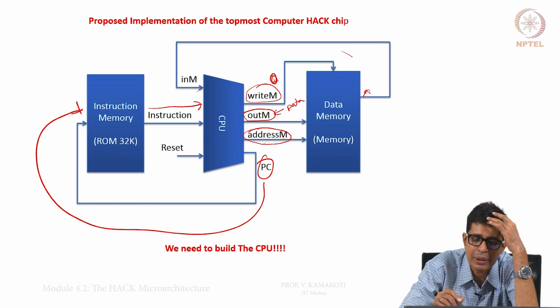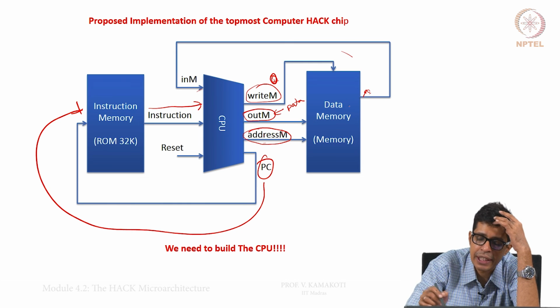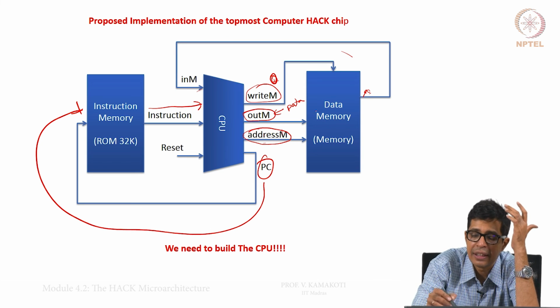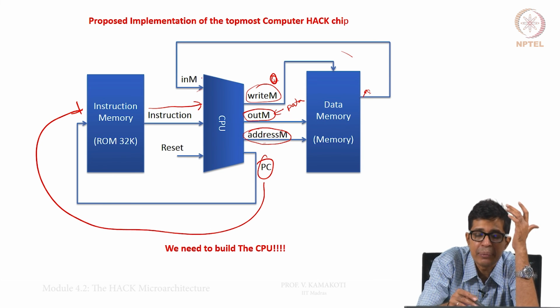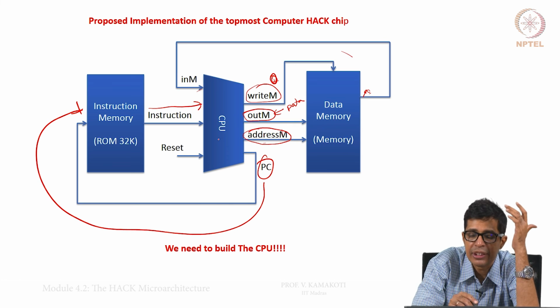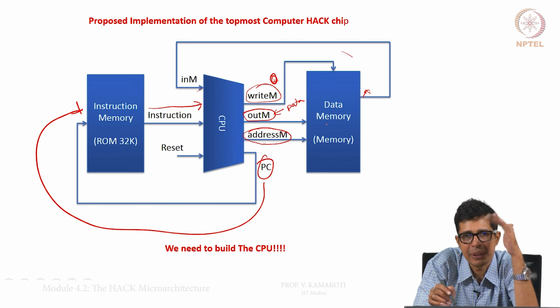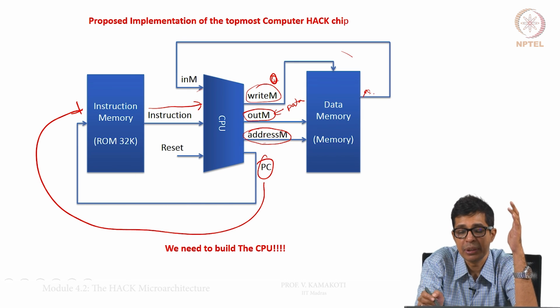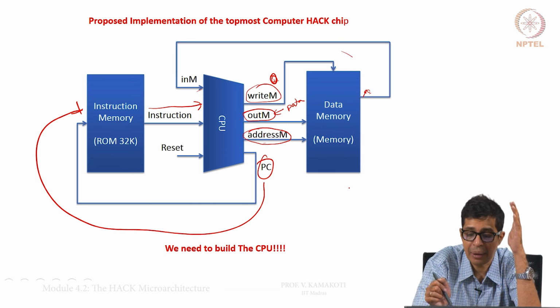You give a particular address and write m is 0, then the data memory will read that address and give back its content through in m, which will come to the CPU. When the CPU has to write something into the memory, it will make write m 1, and it will put whatever it wants to write on the out m bus and the address in address m. So, the data memory gets updated.